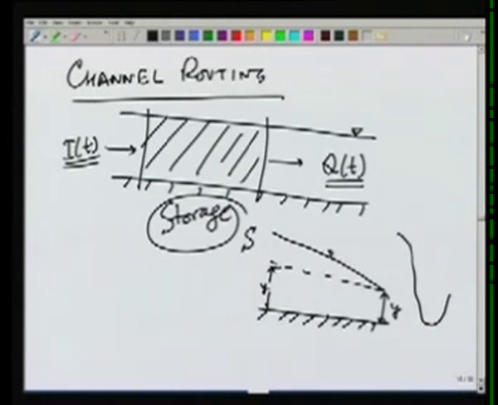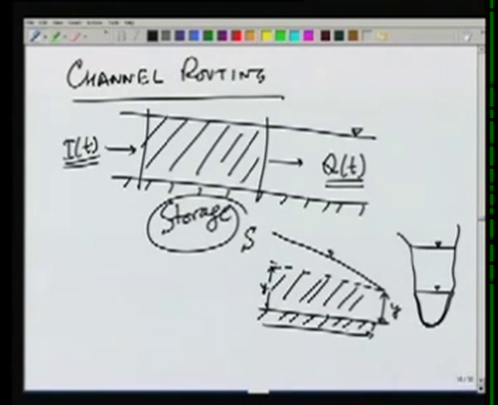If we draw the cross section, then this part is a prism of this section and of this length, and therefore the storage within this area where the depth is taken same as the downstream depth is called the prism storage.